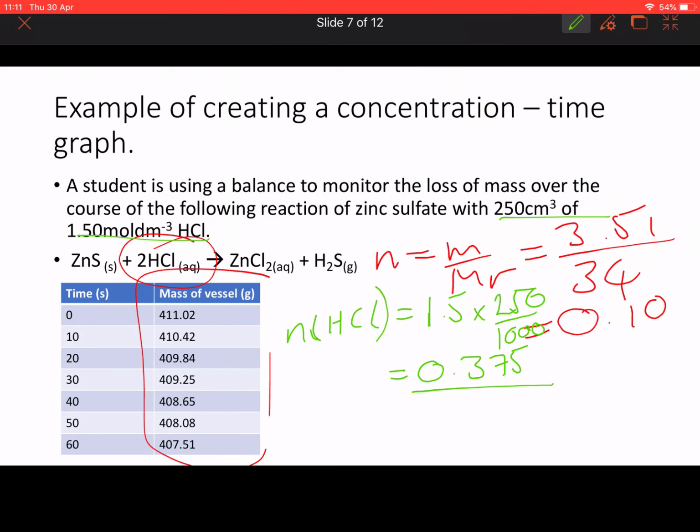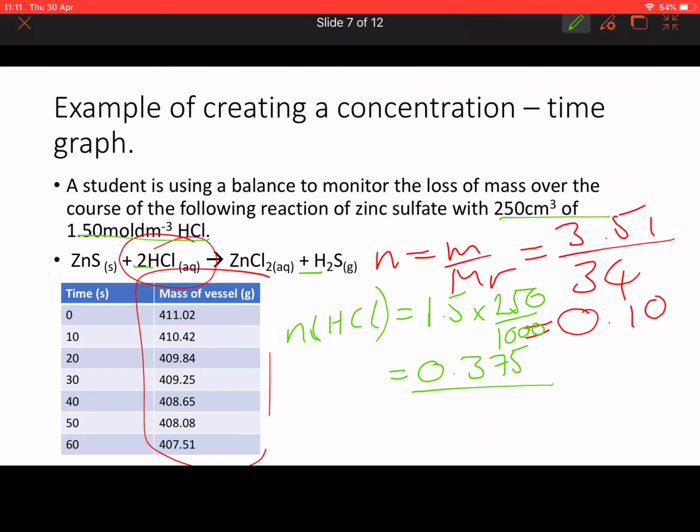Okay, so now that we have how much we started with, we can work out the number of moles that we have at a particular time by taking that number of moles and taking away from it 2 times the number of moles of hydrogen sulfide, and it's 2 times that because it's a 2-to-1 ratio.